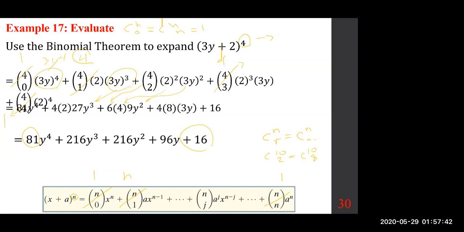If by any chance we have something like this class, let's say x plus y to the power of 10, then the very first term and the very last term have the same coefficient, okay?